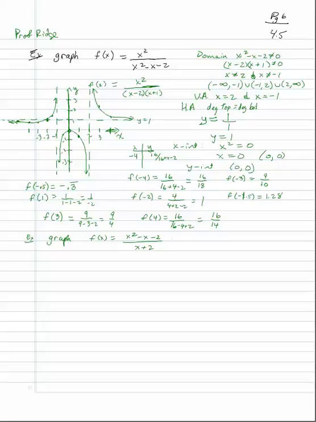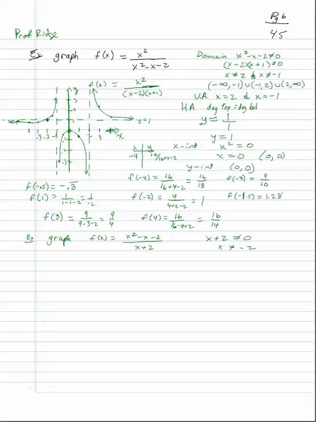Actually, I guess we don't have to factor it for the domain. The domain is going to be x plus 2 cannot equal 0, so x cannot equal negative 2.